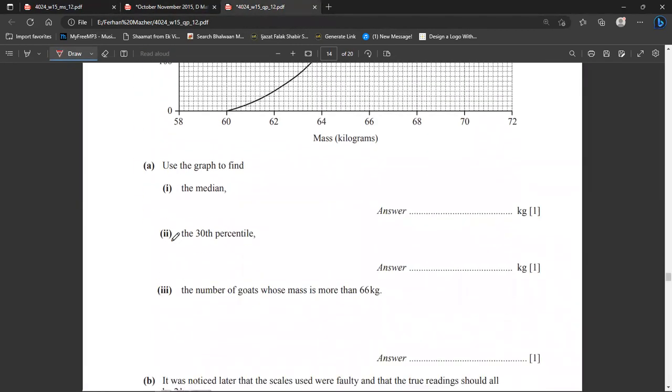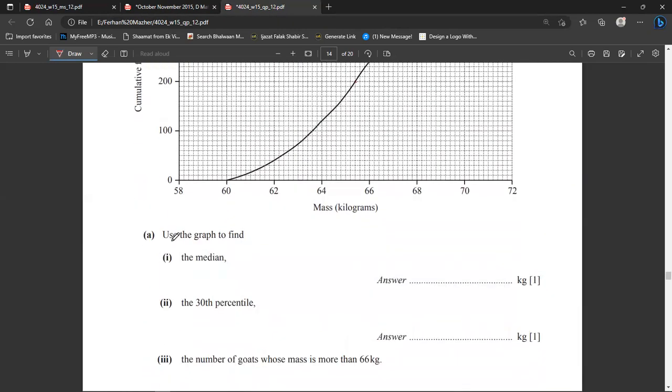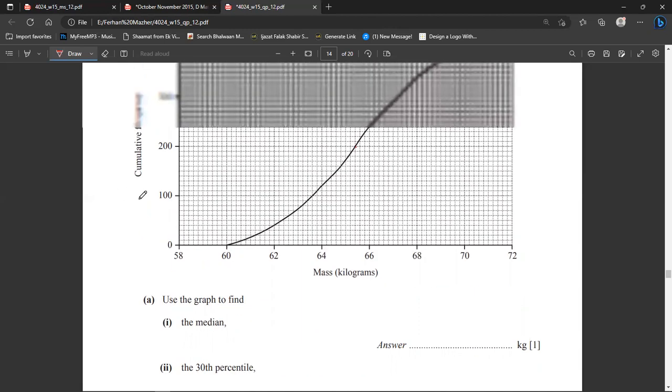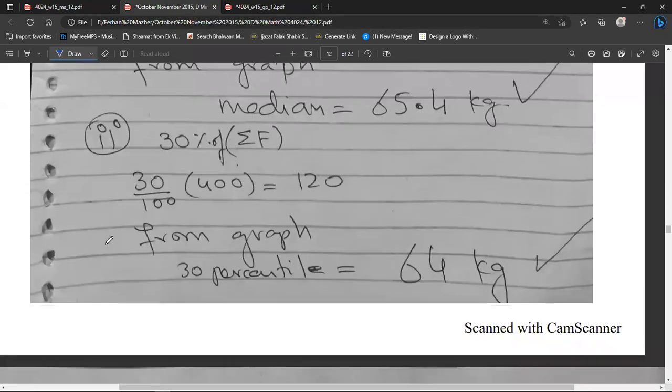Then the next question is the 30th percentile. For the 30th percentile, you will find 30% of the total frequency. That is 30 by 100 into 400, and whatever answer comes, I will check it on the y-axis. From there, I will go to the graph, and then I will check what is the value on the x-axis.